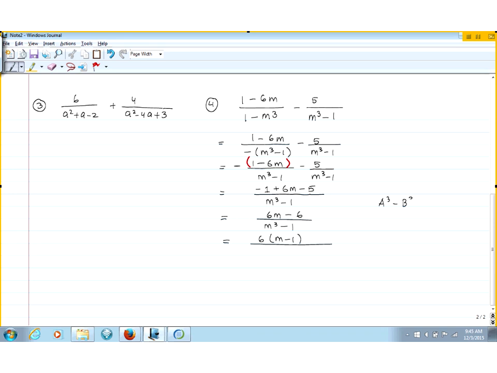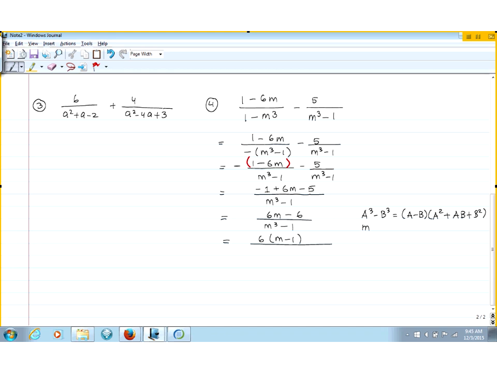What formula do I use? a cubed minus b cubed is, okay, by now you probably memorized it. Yes, a minus b times a squared plus ab plus b squared.